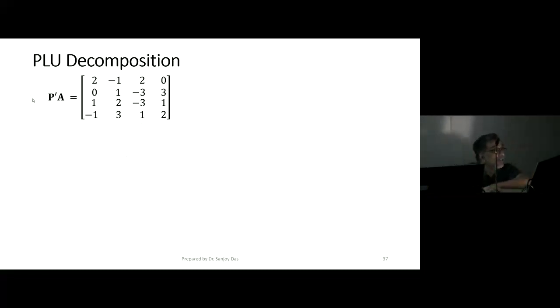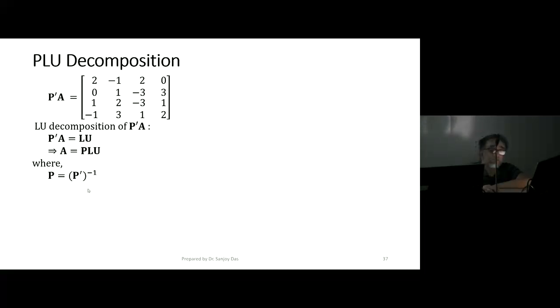So this is my P prime A, where P prime is a permutation matrix. And this is what I get. Now I can apply my LU decomposition to this one, and so I get P prime A equals LU. Whence A equals PLU, where P equals P prime inverse. It's basically pre-multiplying both sides with P prime inverse.